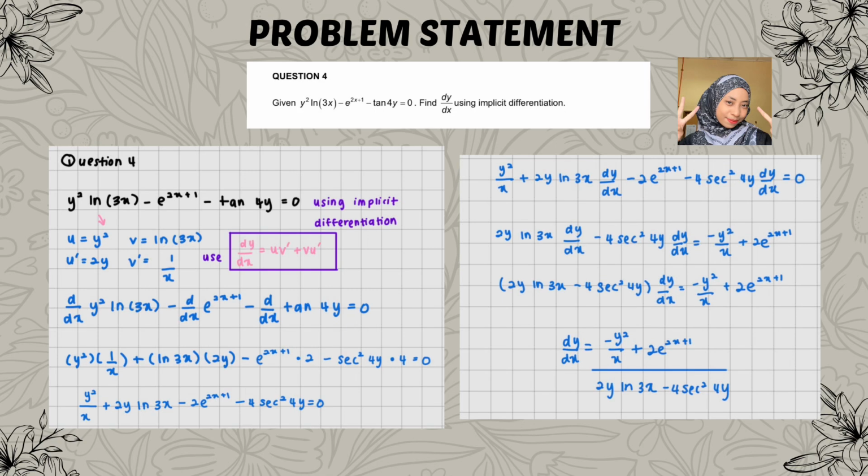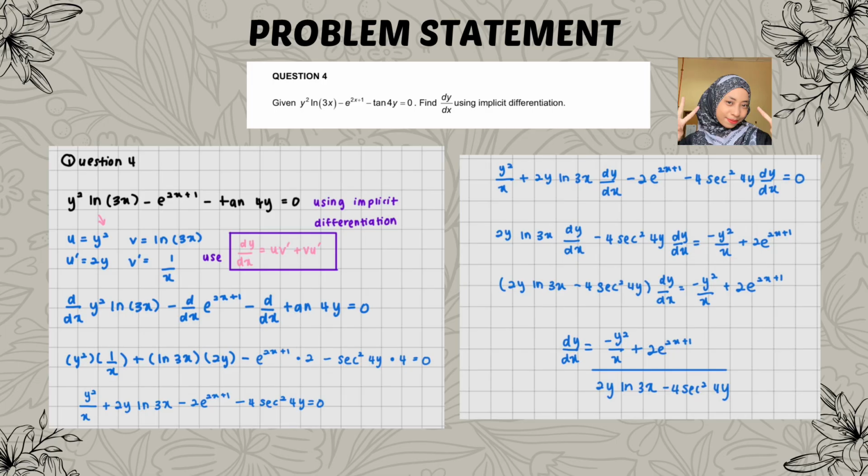Factor out dy/dx. Move all terms with dy/dx to one side and factor. So we get 2y ln 3x minus e power of 2x plus y minus 4 secant square 4y, times dy/dx, equals negative y square over x plus 2e power of 2x plus y.